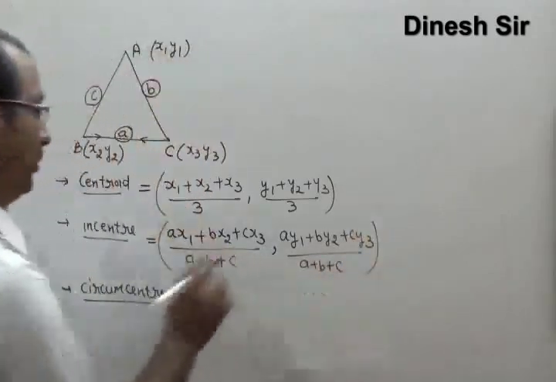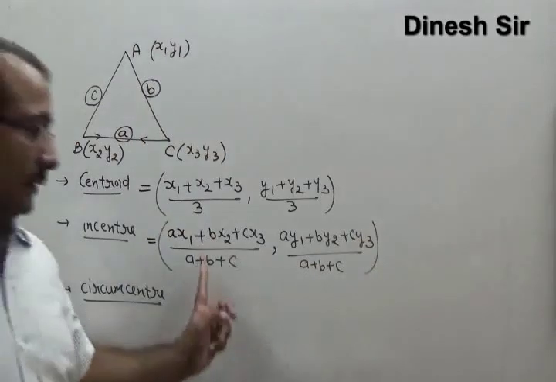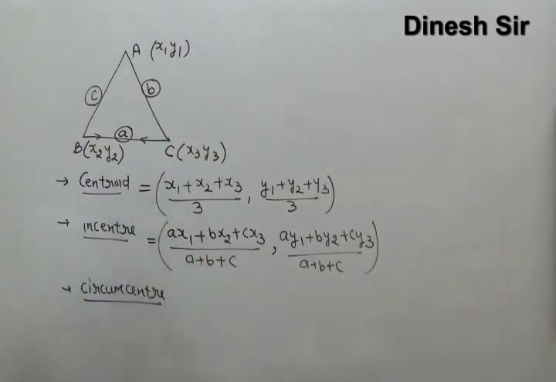This is the ordinate of the incenter and that is the abscissa of the incenter. By that we can find out the abscissa as well as the ordinate of the incenter.